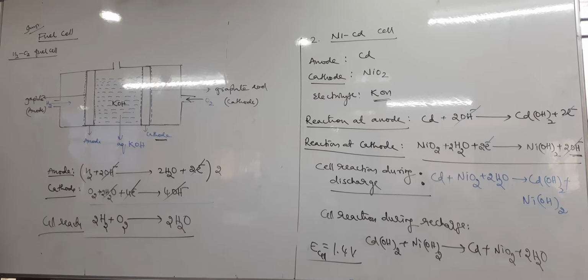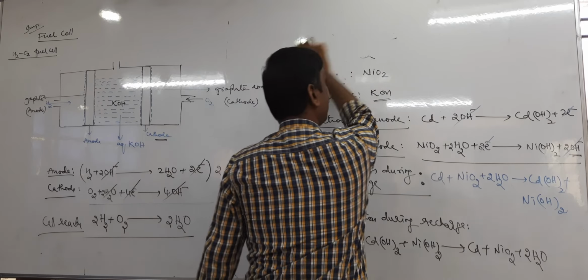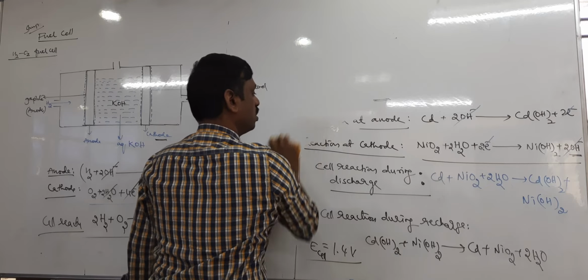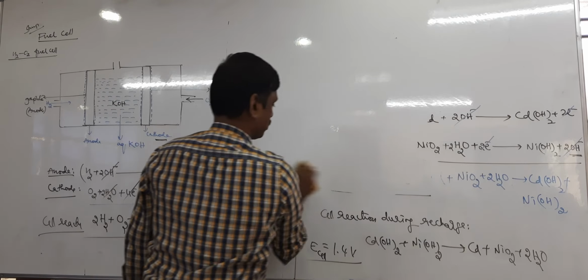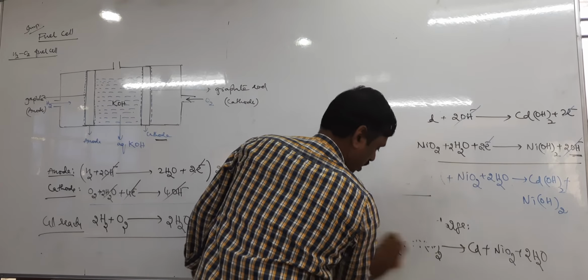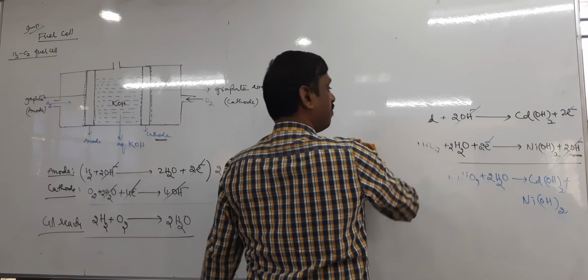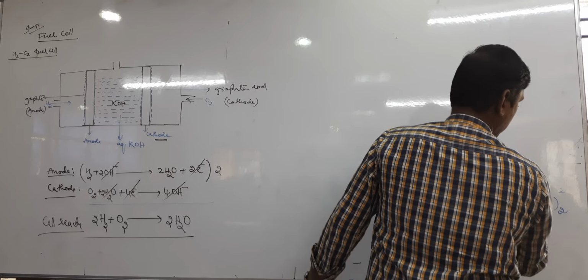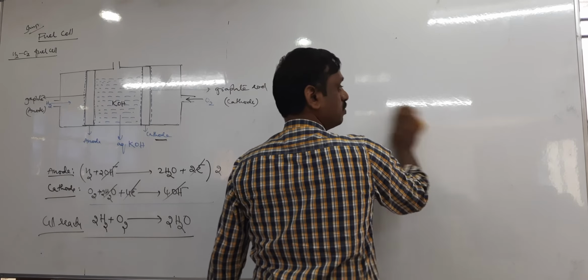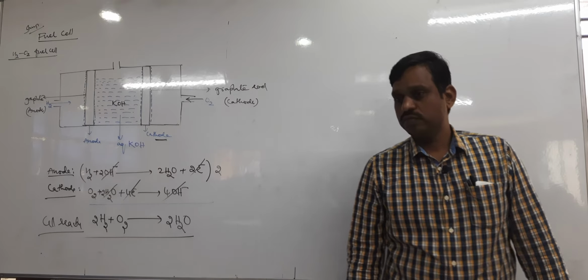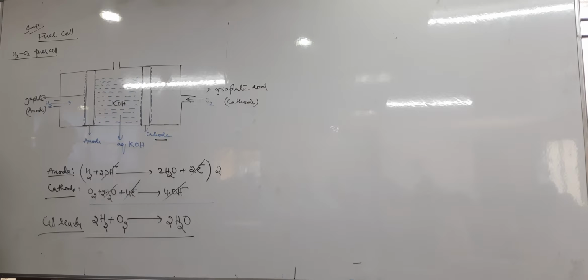It consists of two graphite rods, two graphite rods impregnated with or uniformly coated with finely divided platinum, which act as anode and cathode.